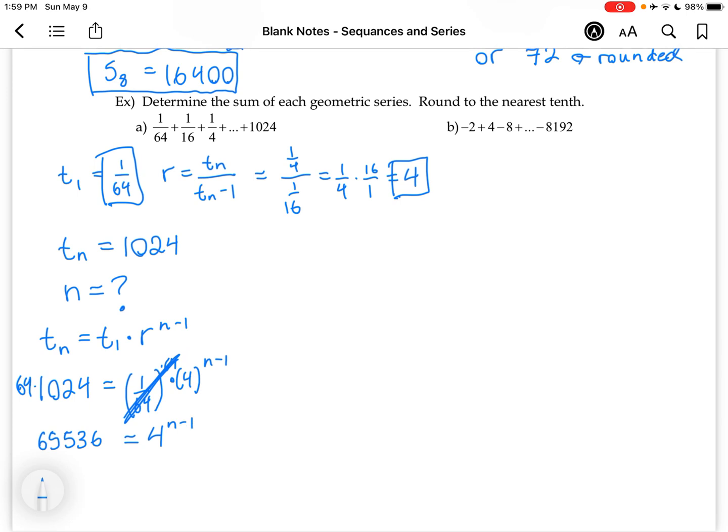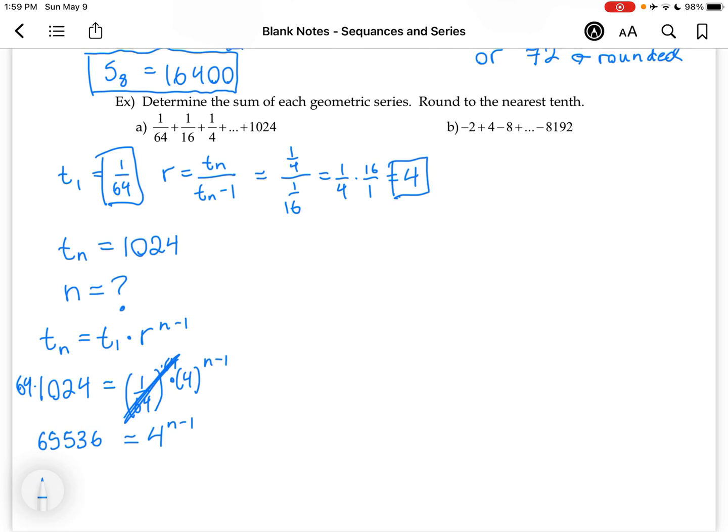Now the idea here is that if you can figure out this number 65,536, could that be written as 4 to the something? Then you could figure out what n is, right? So I'm just going to play around and go, okay, what's 4 to the power 10? Oh, that's higher than 65,536 because it's like 1 million something. Okay, 4 to the power 7.